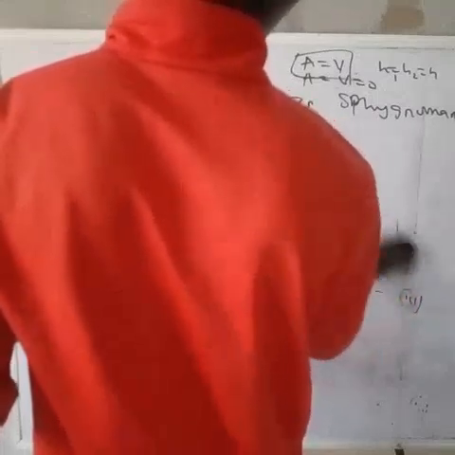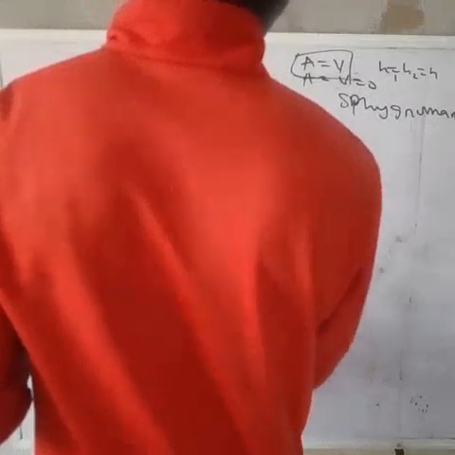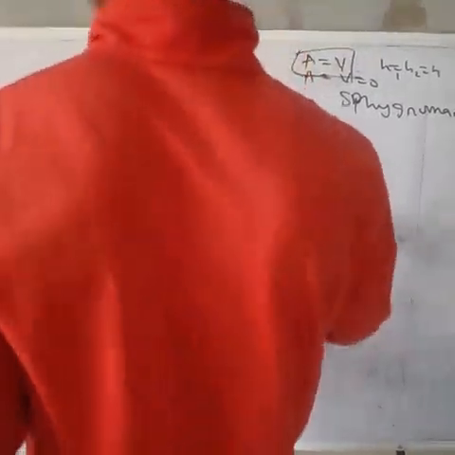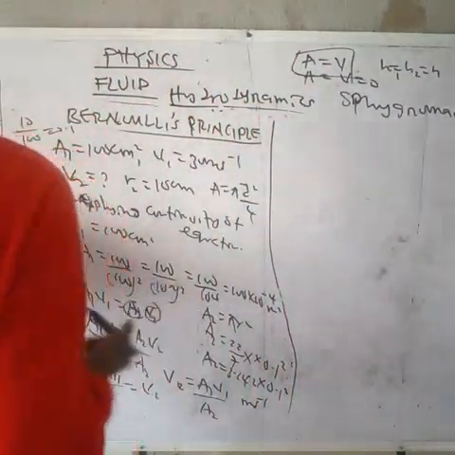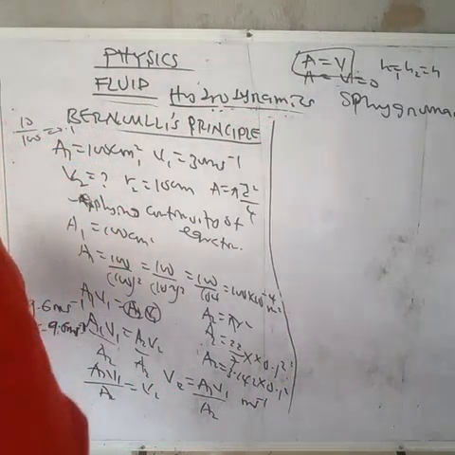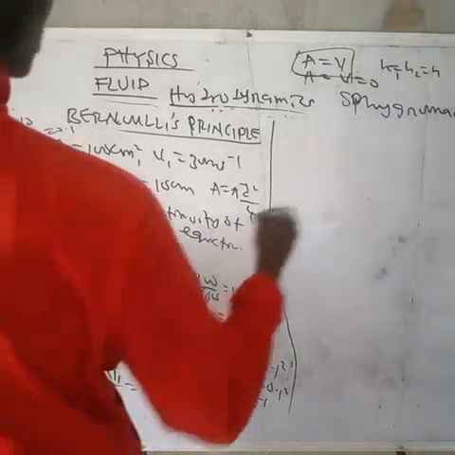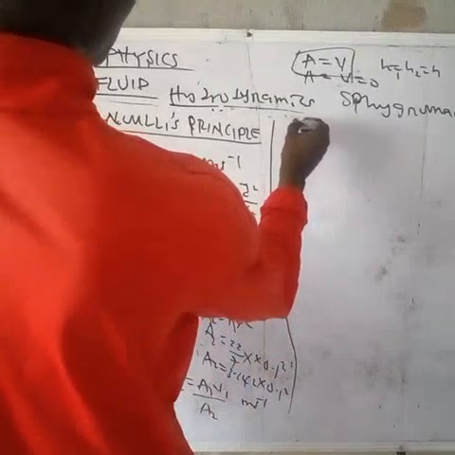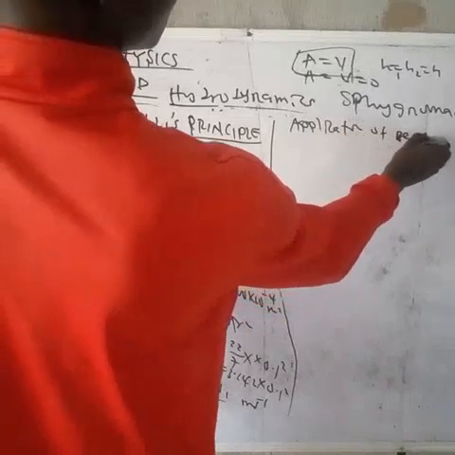This thing I wrote on the board is the instrument we use in measuring blood pressure. The applications of Bernoulli's equation are suction effect, venturimeter, filter pump, blood pressure measurement, and flow of liquid from a tank too.